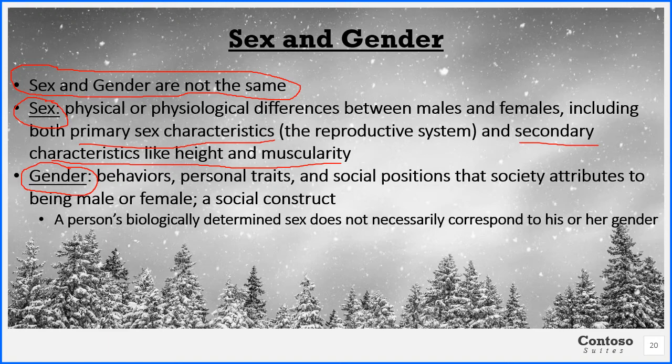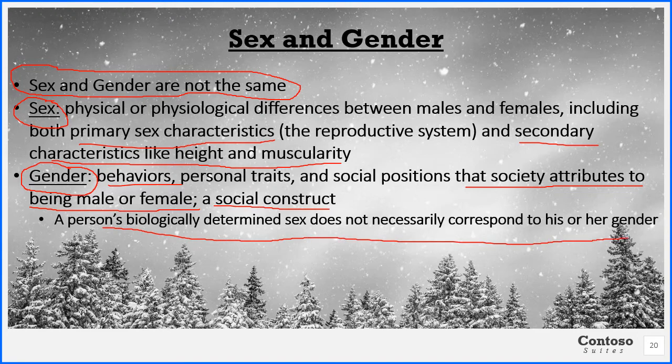So, behaviors and personal traits that are associated with each gender, like men are associated with being aggressive, women are associated with being submissive. Those are gendered personal traits that society sets up for us. All these different behaviors, ways of thinking, ways of acting that society attributes to either being male or female. So again, it's a social construct. A person's biologically determined sex does not necessarily correspond to their gender.